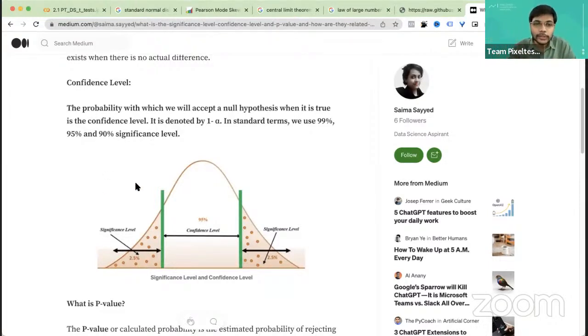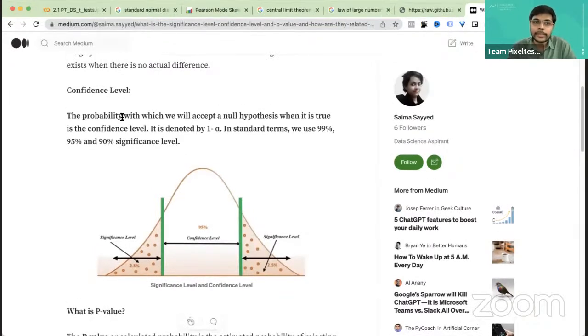Now, what is confidence level? The probability with which we will accept a null hypothesis when it is true is the confidence level, right? Meaning, if the confidence level is 95%, we say there's a 95% probability that the null hypothesis is true.